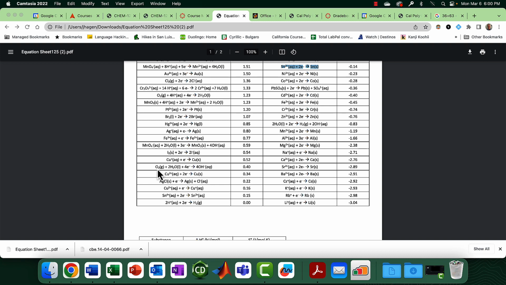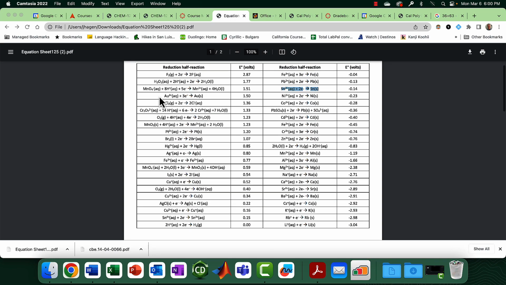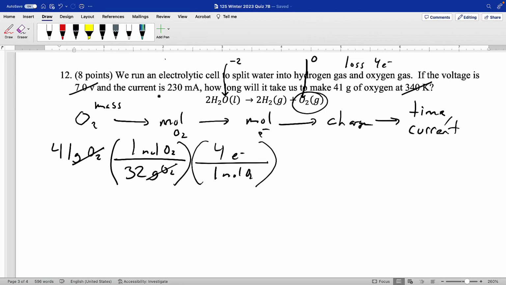So in this case, we were still going from oxygen 0 to oxygen -2, and so notice that's 4 electrons, and you can see the same up here that we went oxygen 0 to oxygen -2, and it's 4 electrons for every oxygen molecule. So you can use oxidation numbers, but you could also use this table as a way to check yourself to make sure you're being right on that. So it's a transfer of 4 electrons.